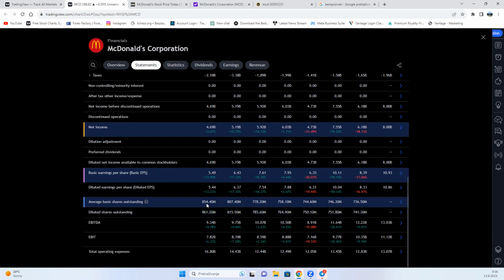You can see 854 versus 736. So their basic EPS looks better, but they're also losing money buying back their shares, because no realistic business would usually do that, especially if you're not growing. If you're not growing, you're not buying back your shares. You can buy back shares if you have a stronger business.